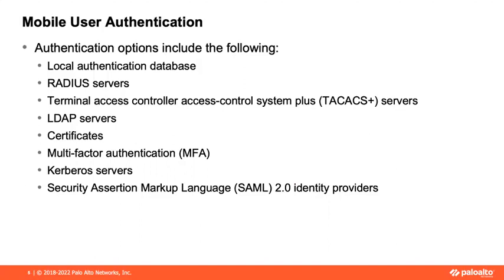And we're actually going to talk about that a little bit today. RADIUS authentication, TACACS+, LDAP, multi-factor, Kerberos, SAML, all the different ways that you are used to leveraging authentication, we can do that here too.